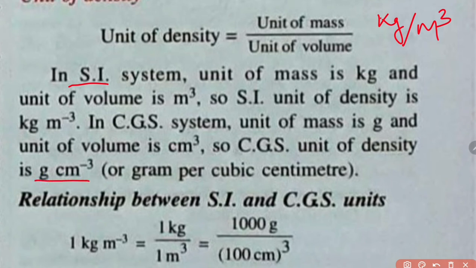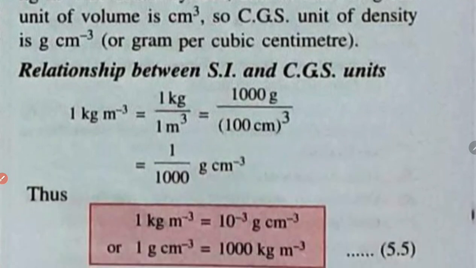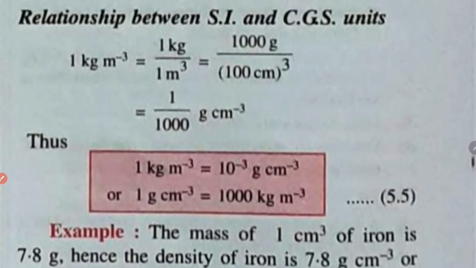Now the relationship between the SI and the CGS units, these things also you have done in class 7 and class 8. Now here we can see 1 kilogram per meter cube can be written as 1 kilogram upon 1 meter cube. As you all know, 1 kilogram has 1000 grams and 1 meter cube has 100 cube centimeter cube, that is 100 multiplied by 100 multiplied by 100.